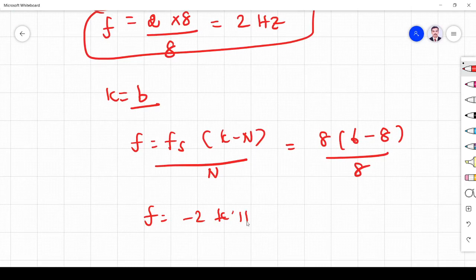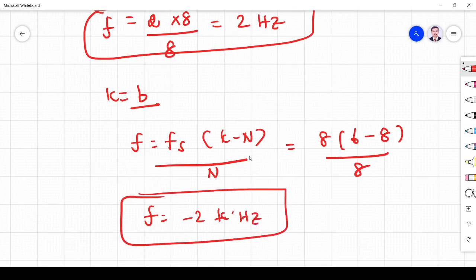Minus 2 Hz. That's why for minus 2 Hz we have a peak at k is equal to 6, because the Fourier transform will always produce negative frequency. But we never mind this; we take only the positive frequency. This occurs because of the complex exponential e power minus j 2 pi by N into nk in the DFT.